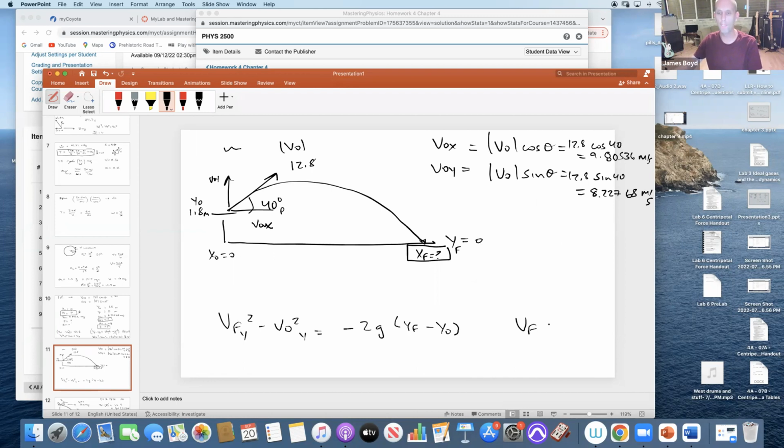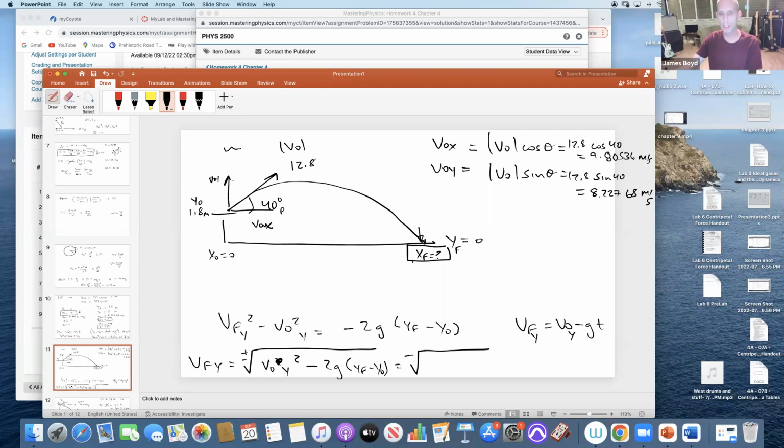Rewriting this, I get the square root, positive or negative, and it's going to turn out to be negative. We'll talk about that. V final of Y is the square root of V naught of Y squared minus 2g times y final minus y initial. Looking at our variables, this is going to be negative because it's going down at that point.